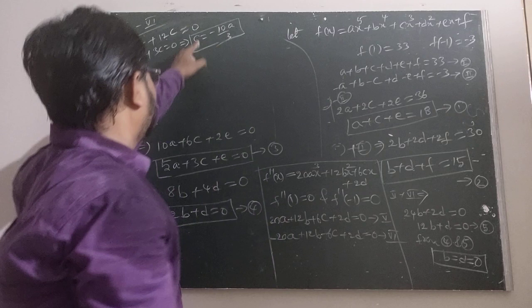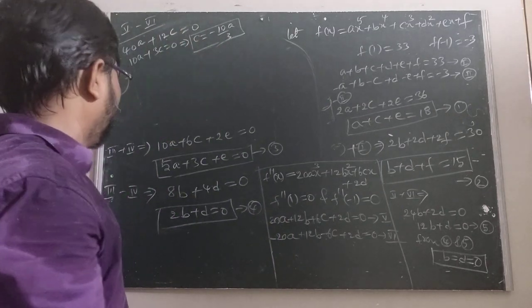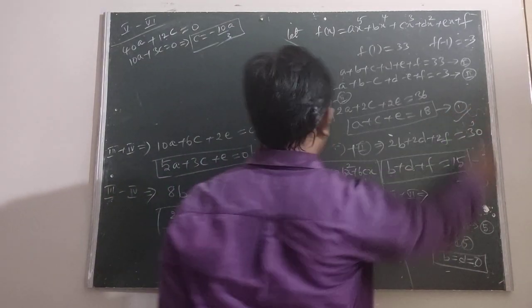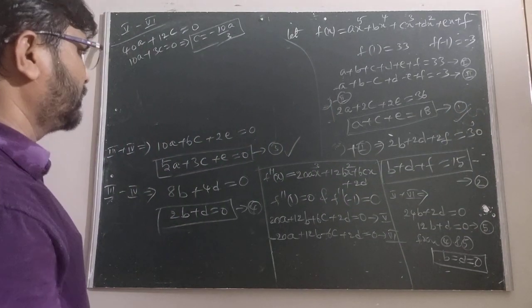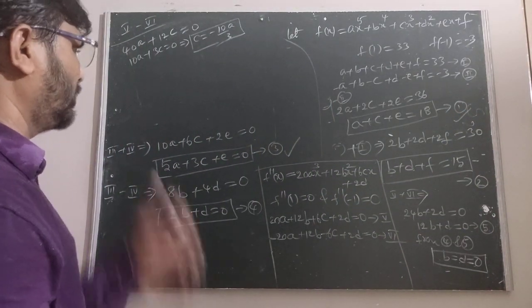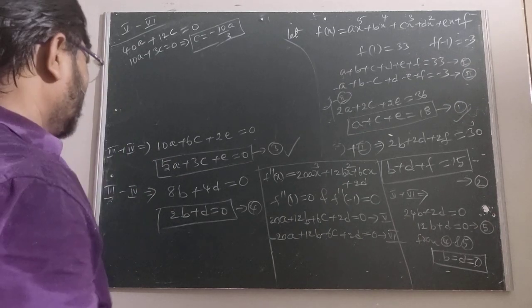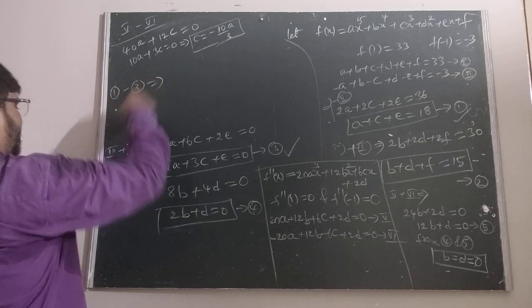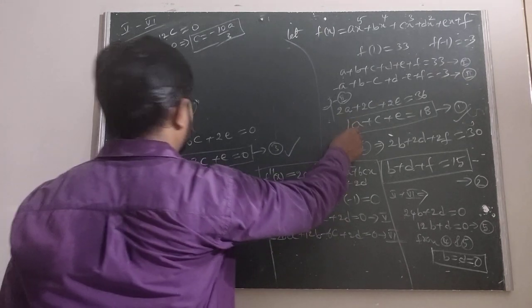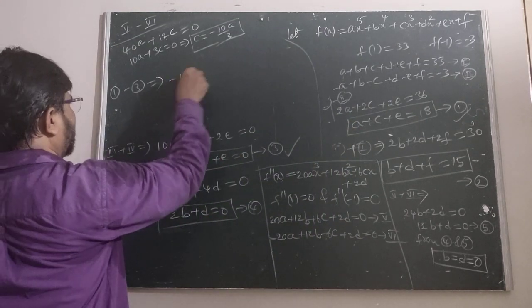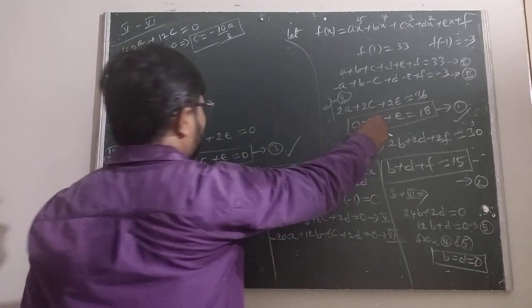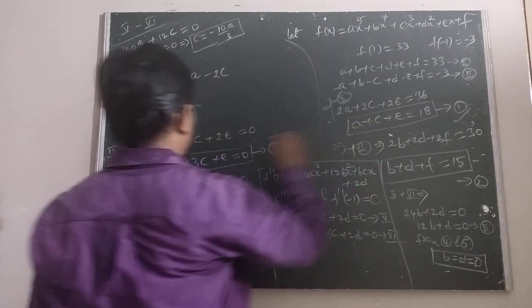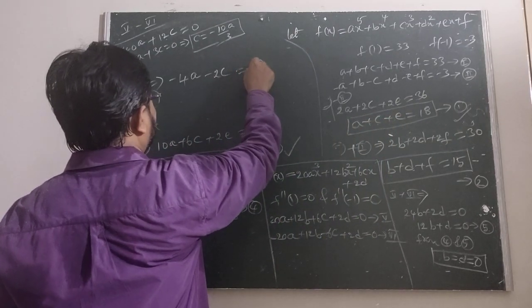Here c is minus 10a by 3. We look at equation 1 and equation 3. Writing 1 minus 3, we get a minus 5a, minus 4a, c minus 3c, minus 2c, e minus e, 0, and the constant is 18.